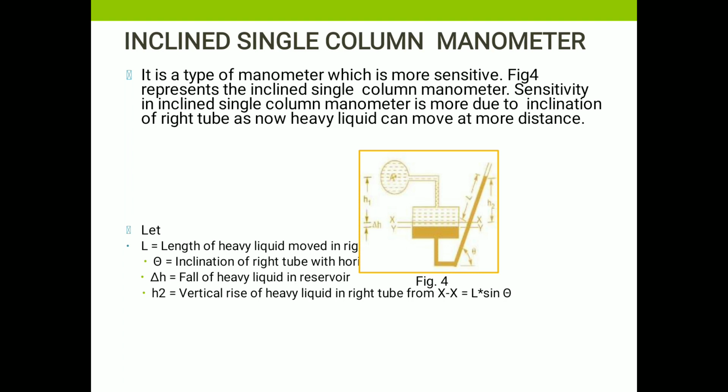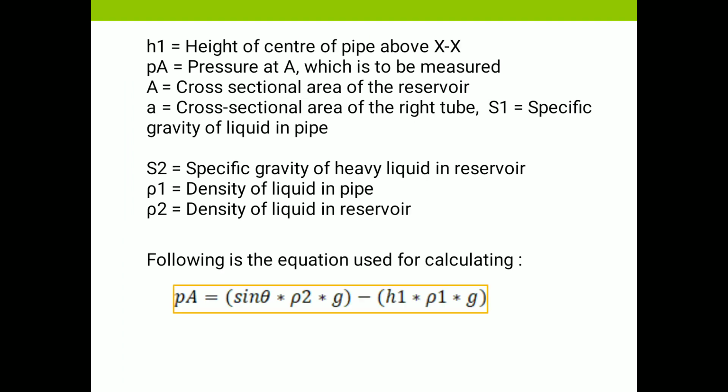H2 is the vertical rise of heavy liquid in the right tube from the datum line, that is L into sin theta. Next, H1 is the height of the center of the pipe above the datum line.